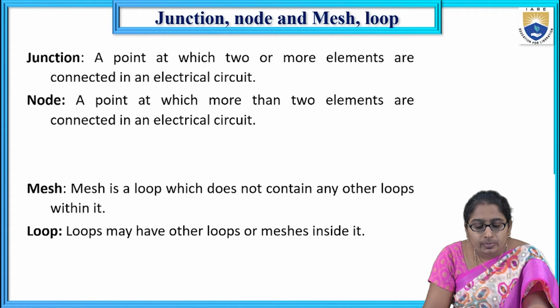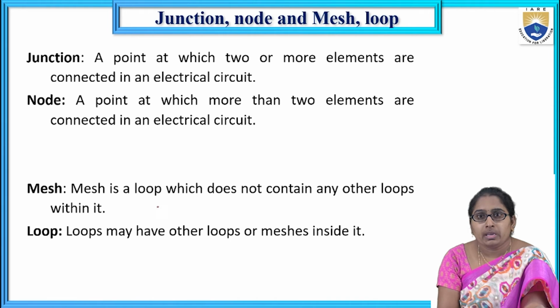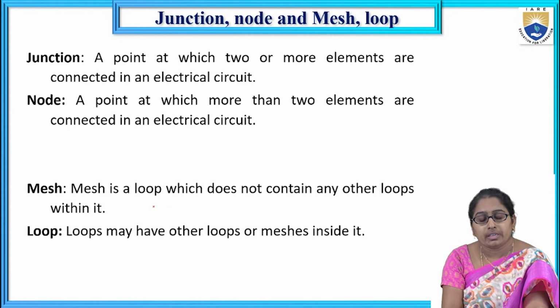Now next one, what is meant by mesh? Mesh means it is a loop. First, loop means it is a closed path. Mesh is a closed path which does not contain any other loops within it.